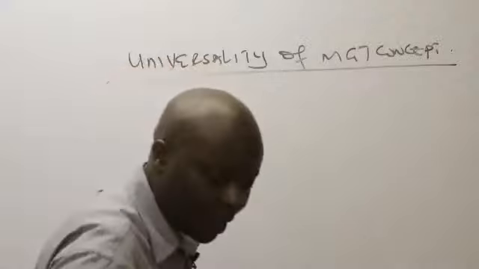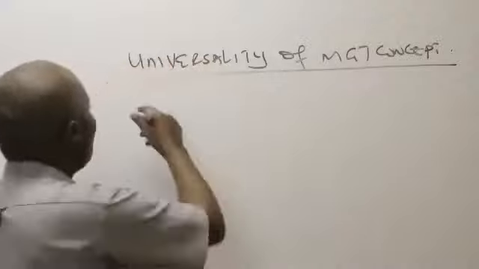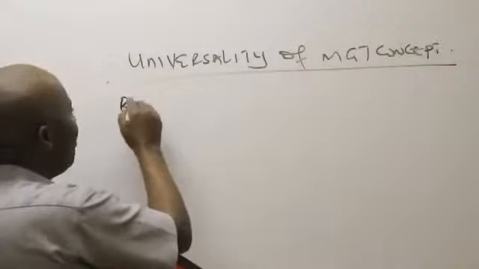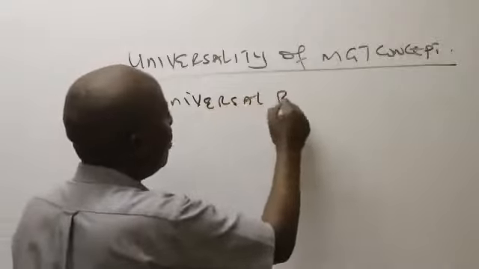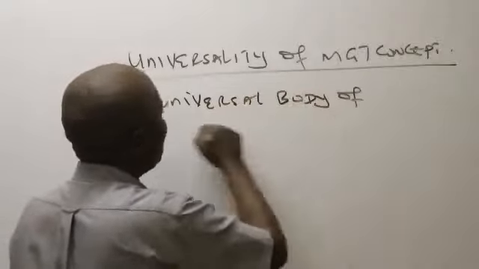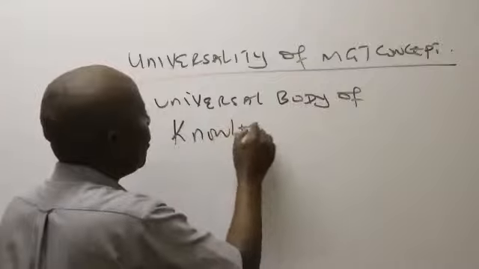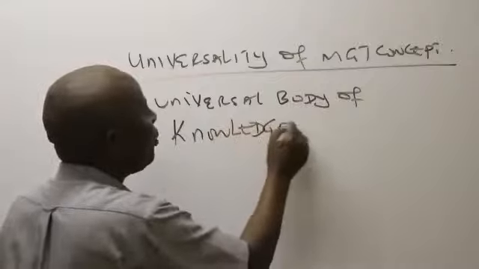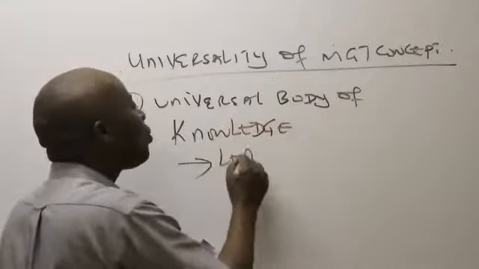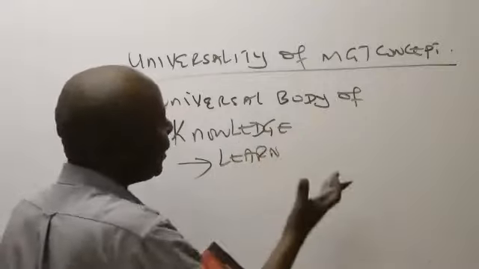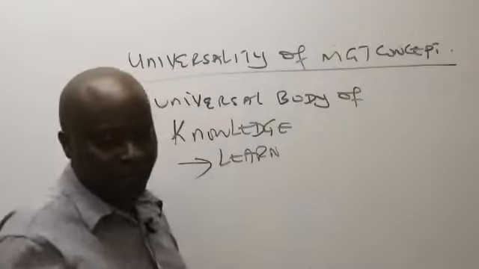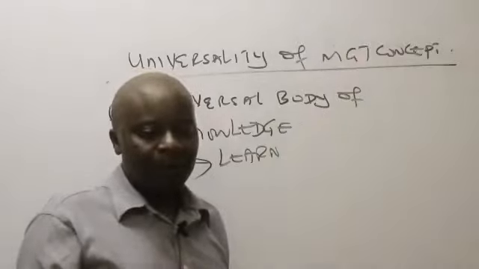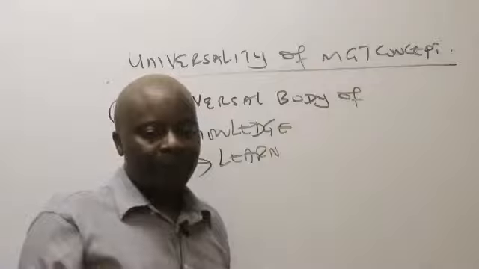So we have here a universal body of knowledge, number 3 or 4, I don't know. Because of its universality, we are able to learn similar things, management models globally, right?